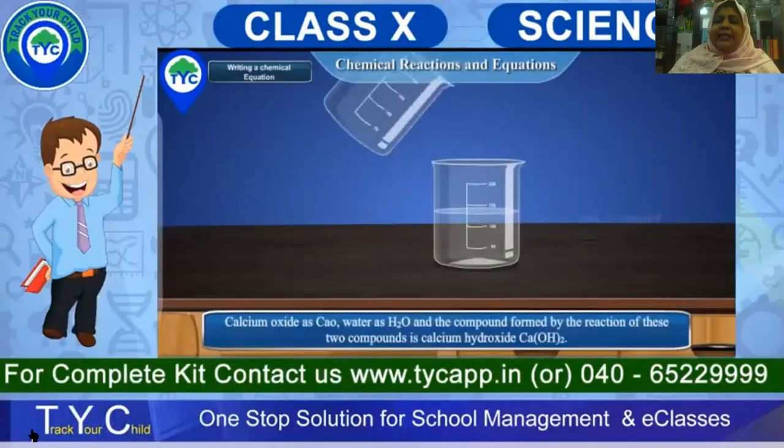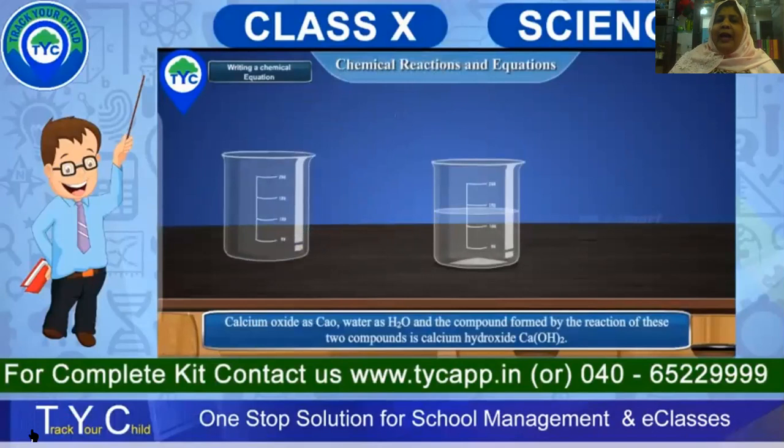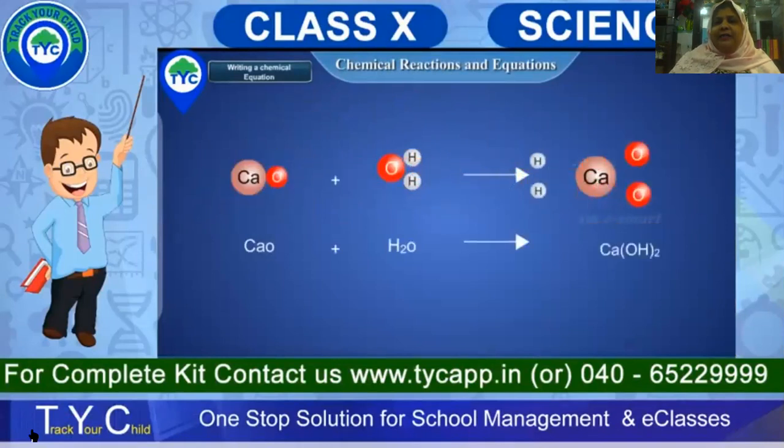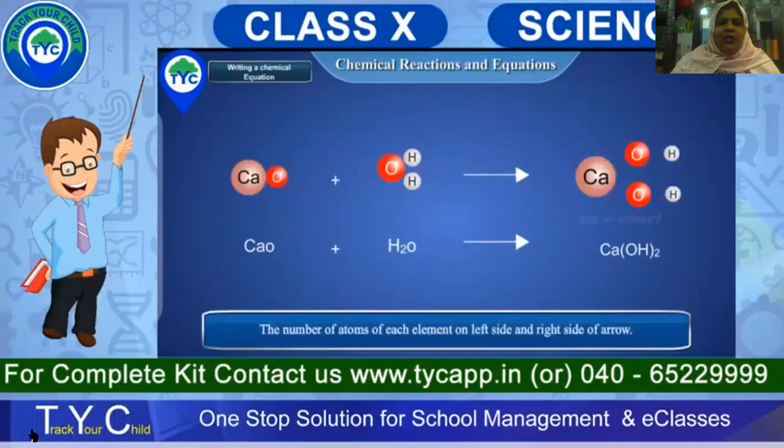So what we are doing is calcium oxide and water. These together, when they are mixed together, the product that we are getting is calcium hydroxide. And a gas that is liberated out is hydrogen gas. Okay. So now you can see how calcium oxide reacts with water and gives rise to calcium hydroxide.